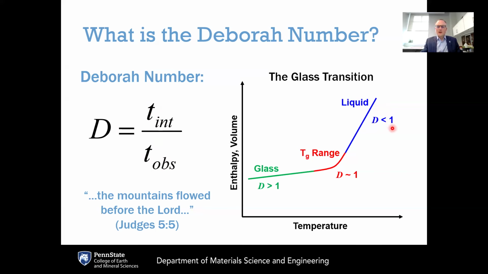A Deborah number that is less than unity means that the process that takes place, in this case the flow of the liquid, is happening faster than the time scale over which we are observing it. So we observe the system as a liquid because we are keeping track of it for a long enough time scale to observe it flowing.